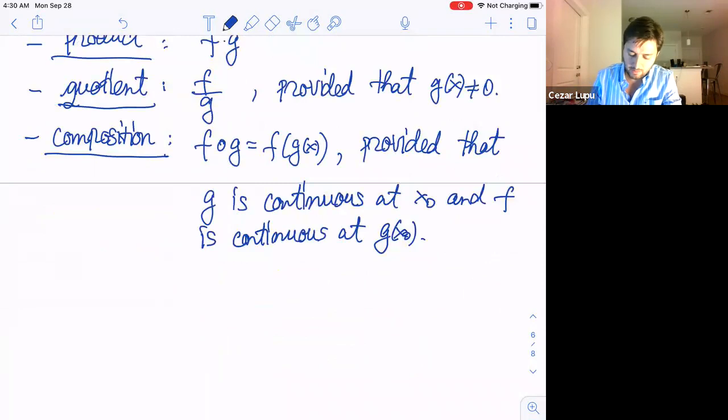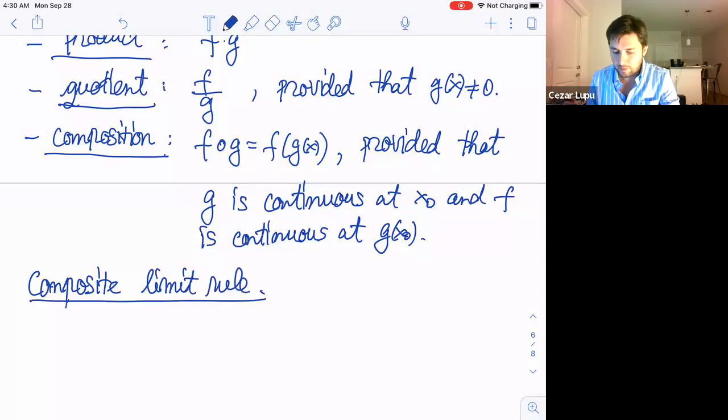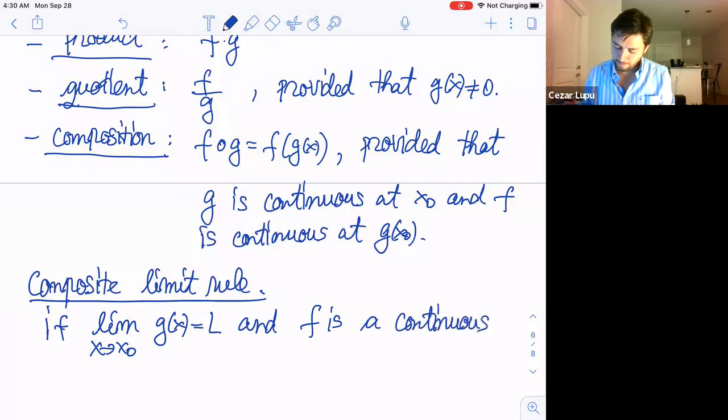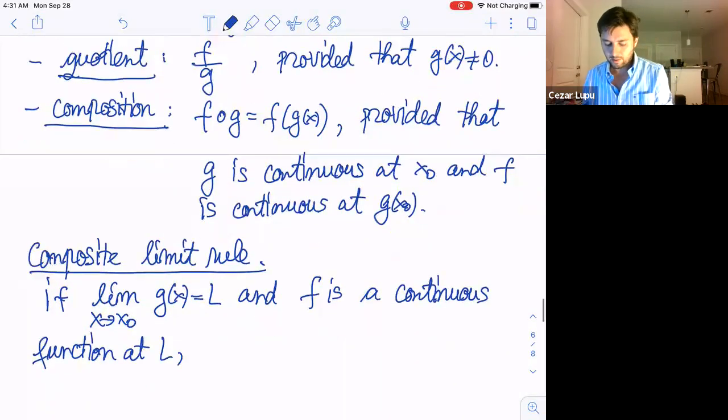So let me say the composite limit rule, which says the following: if the limit as x approaches x naught of g of x is L, and f is a continuous function at L, then guess what?